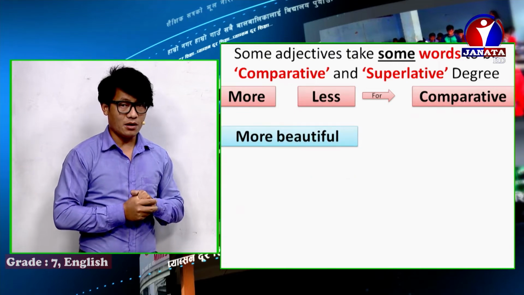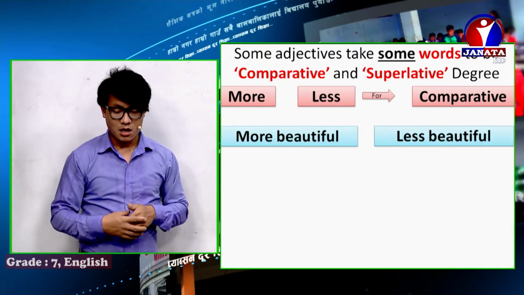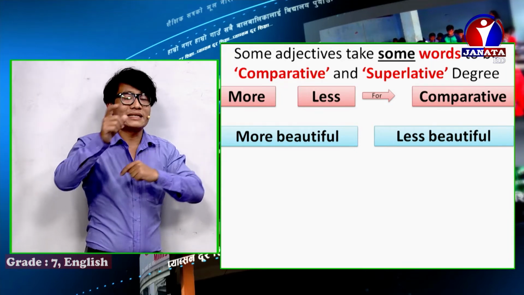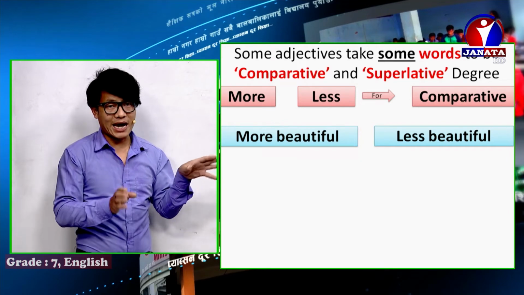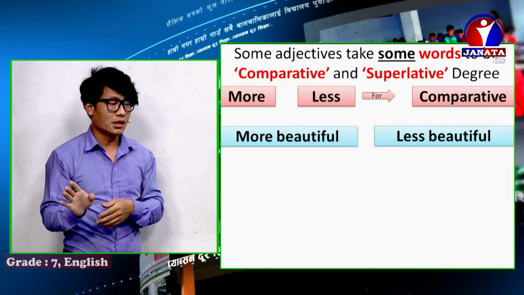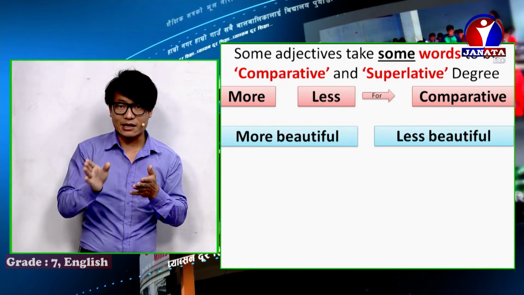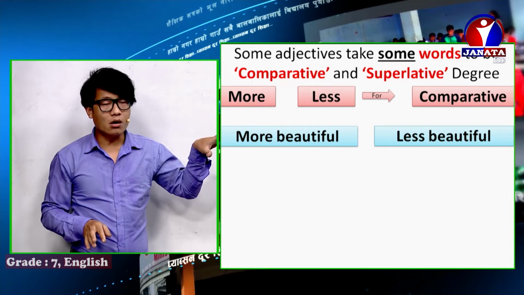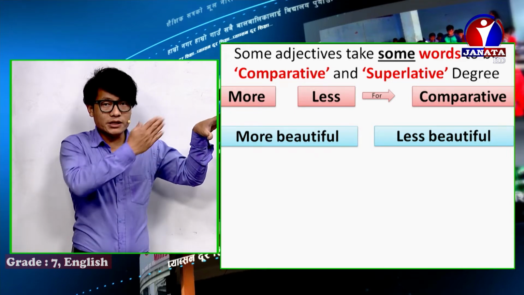For example, more beautiful, less beautiful. More's opposite word is less. You cannot add ER to make comparative, like beautifuler, you cannot do that. You cannot add EST, like beautifulest, you cannot do that. You need to add more or less.